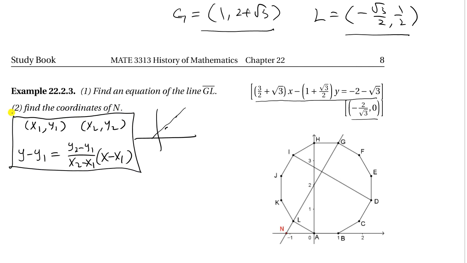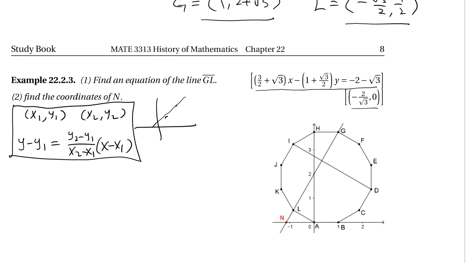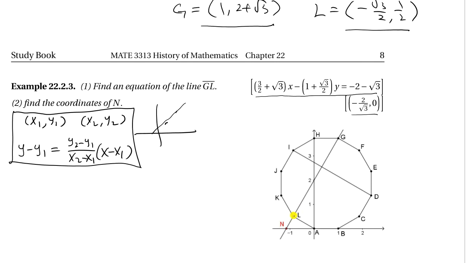That's the formula for the line equation passing 2 points. So let's just use this one because L is kind of the left side of G. So let me use this one for (x1, y1), and the coordinates for G for x2 and y2 in this format, right?